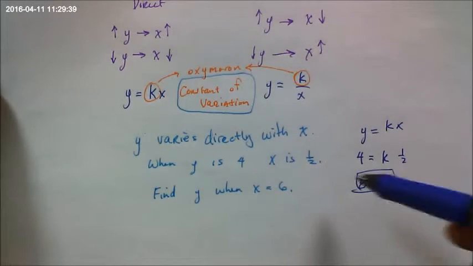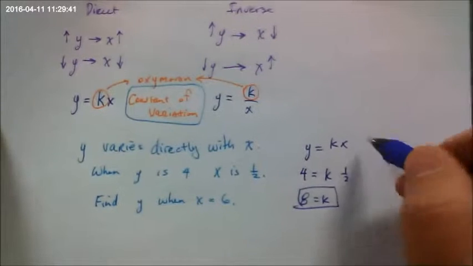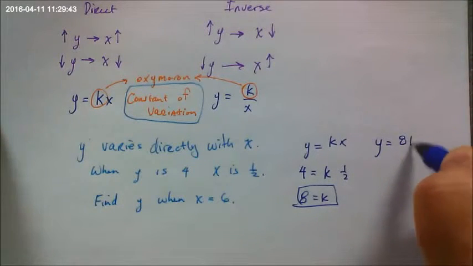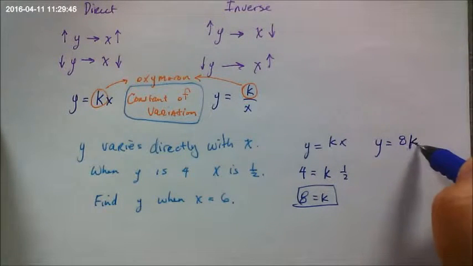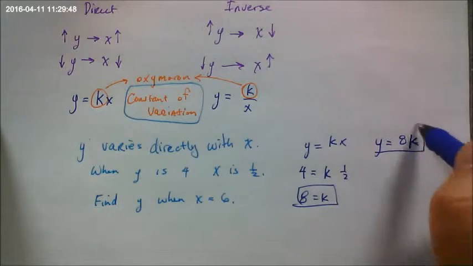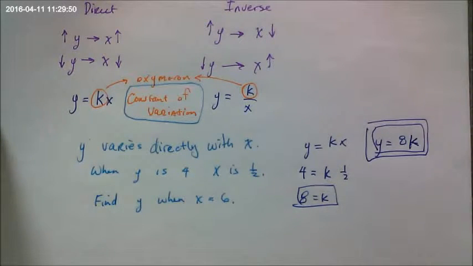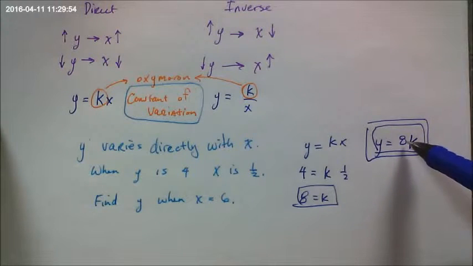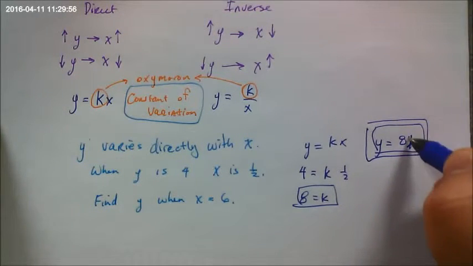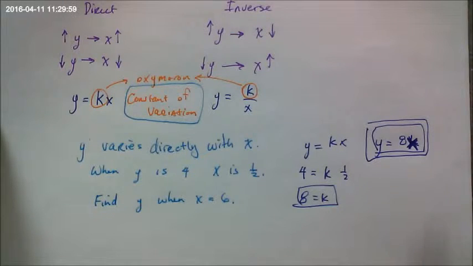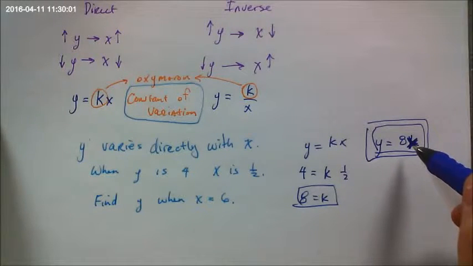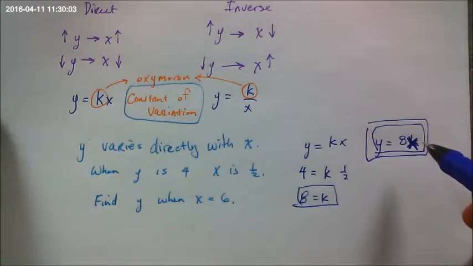I didn't tell you to do this specifically, but this is what you've got to do first. This is perhaps the most important thing to find, because it describes how they're related. Y is equal to 8 times x. So y is 8 times greater.